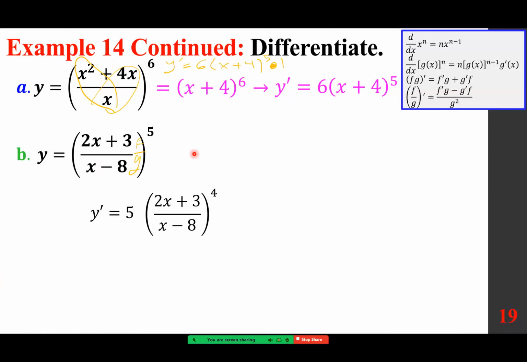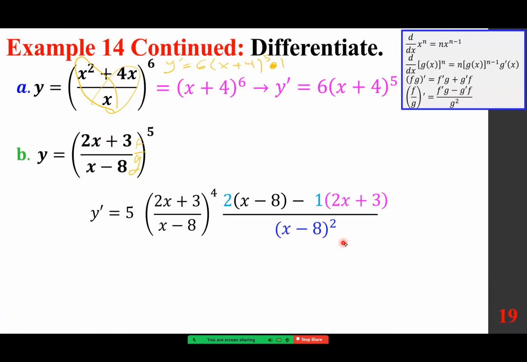And I'm going to use the quotient rule, f prime g minus g prime f over g squared. So the top gives me 2 times x minus 8. So 2 times x minus 8 minus g prime. The bottom gives you 1 times the top minus 1 times 2x plus 3. And I just write the bottom x minus 8 in a parentheses and a square.